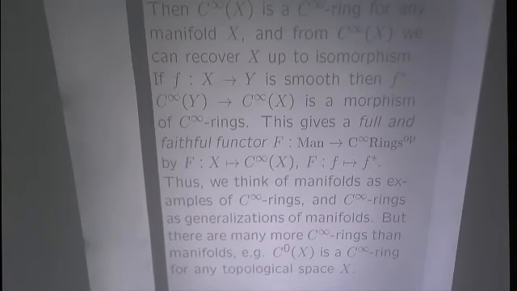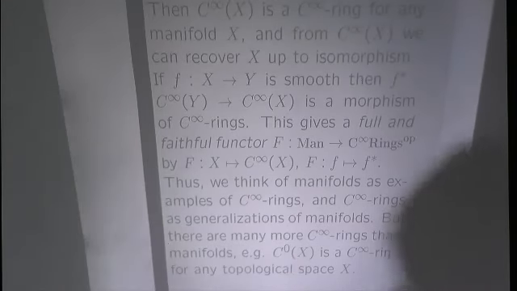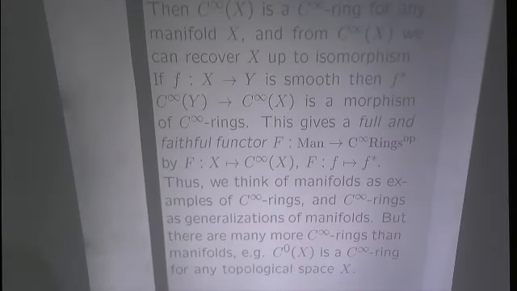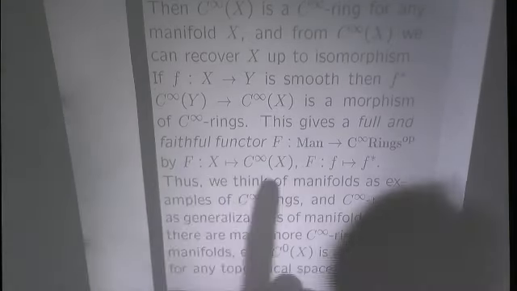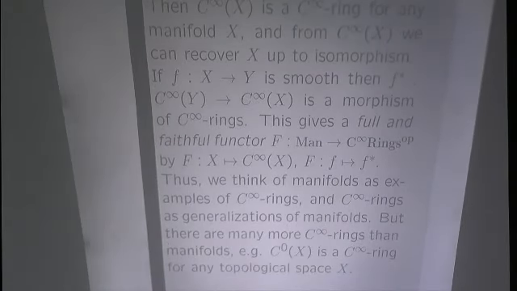So if you have a smooth map f going from X into Y of manifolds, then the pullback function f star going from C-infinity of Y into C-infinity of X is a morphism of C-infinity rings. So therefore you get a functor from manifolds to the opposite category of C-infinity rings, taking X to the smooth functions on X and f going to pullback of smooth functions.